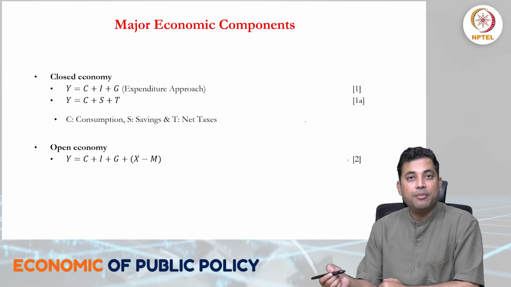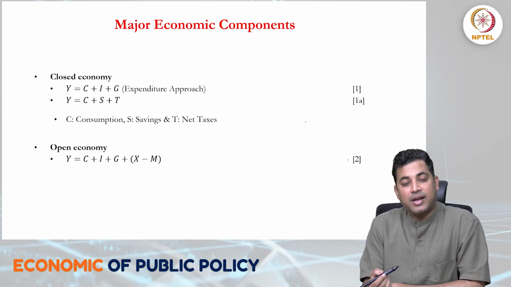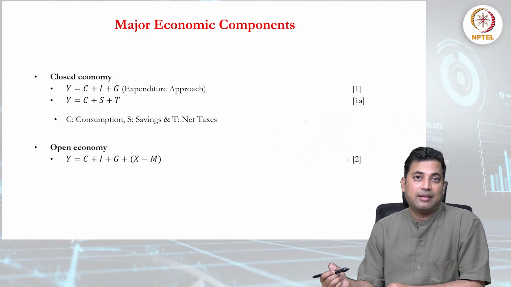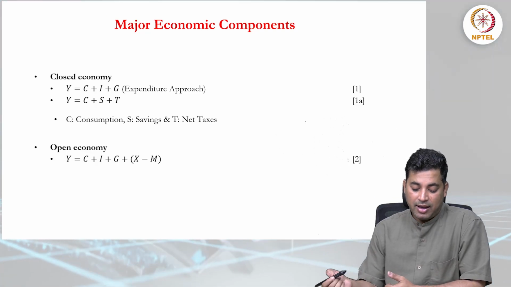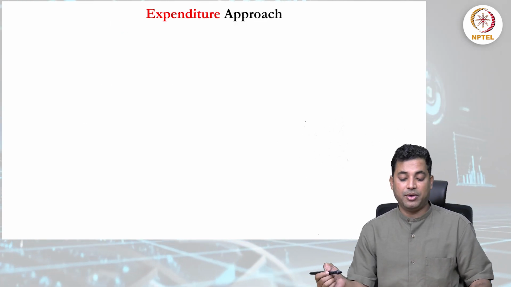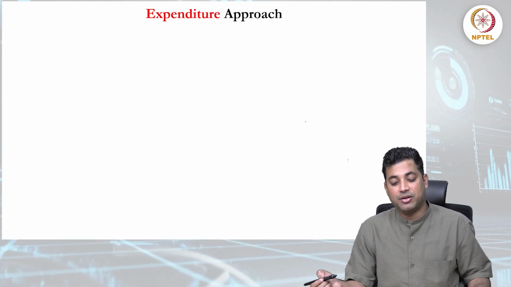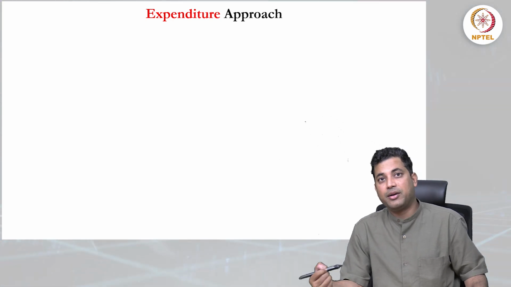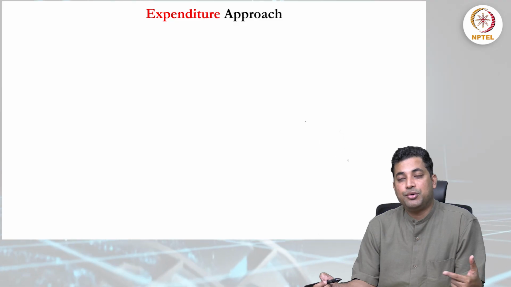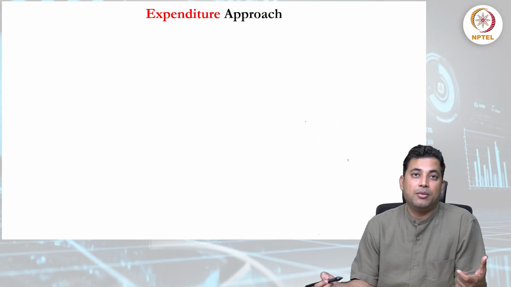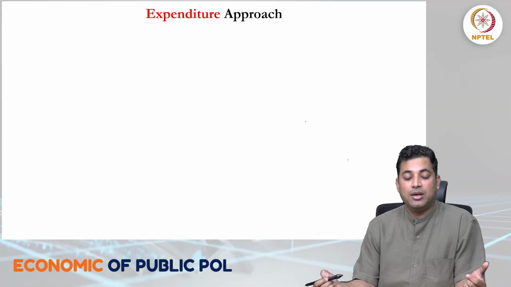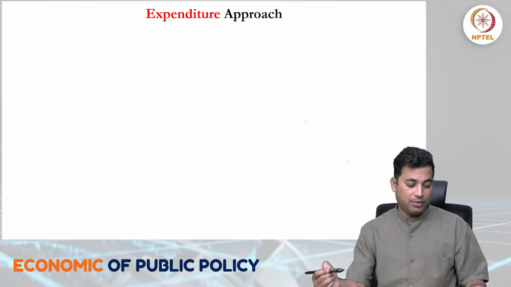And in the case of an open economy, Y, the national output, equals C plus I plus G plus X minus M, where X is export and M is import, and X minus M is net export. So if we follow the expenditure approach, and in this course I'll be taking the expenditure approach, I will tell you what the macroeconomic elements or components are that are used for policy calculations.